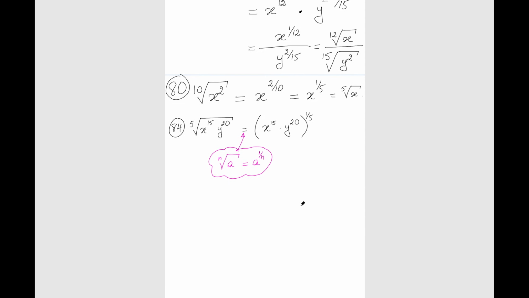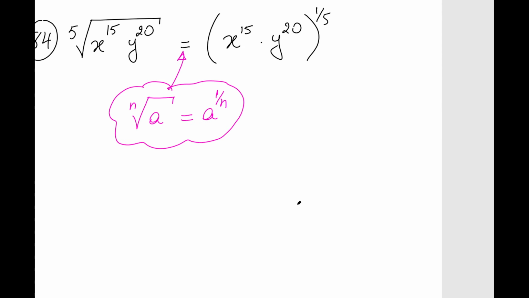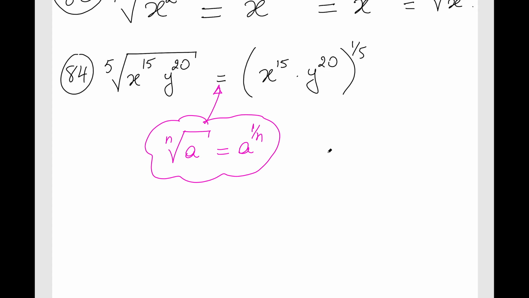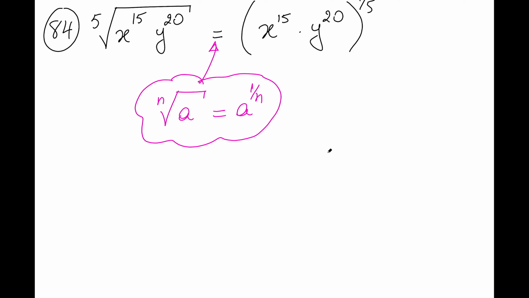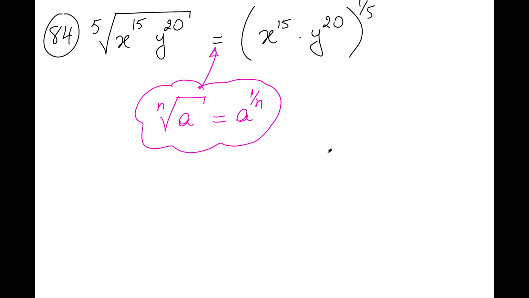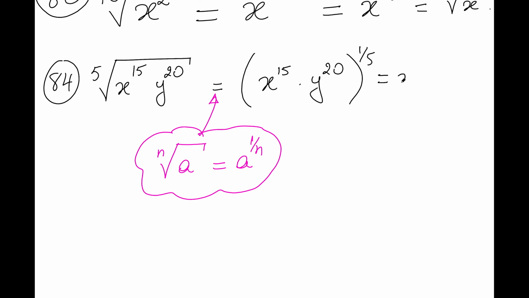So we get that this is equal to x to power 15 to power 1 over 5. So it's a to power p times b to power p.